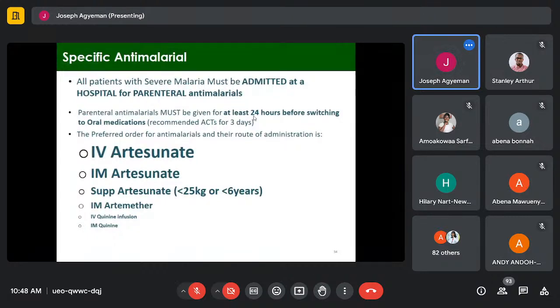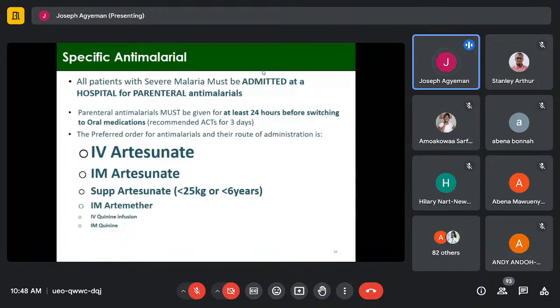Hello? Hello. Yeah. So now, for the first 24 hours, regardless of the type of agent that we use, you are going to take injections, at least for the first 24 hours.